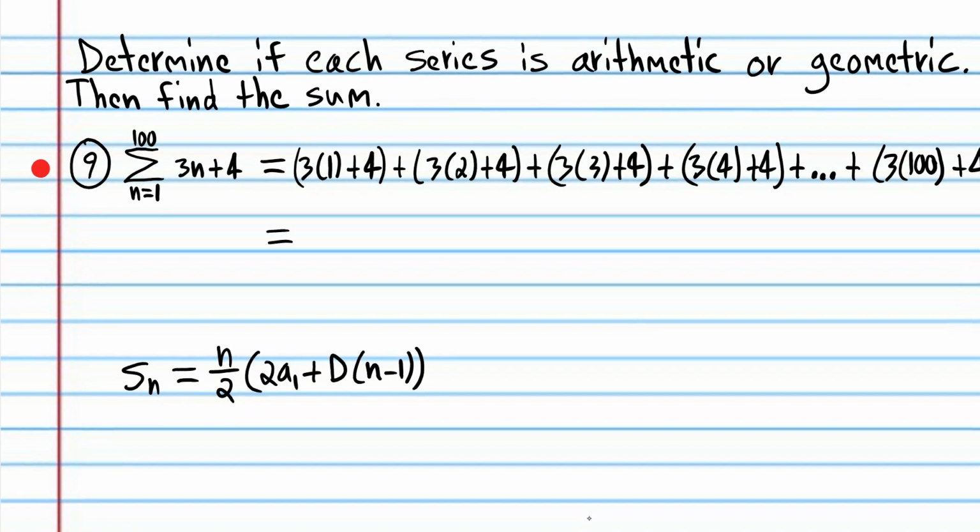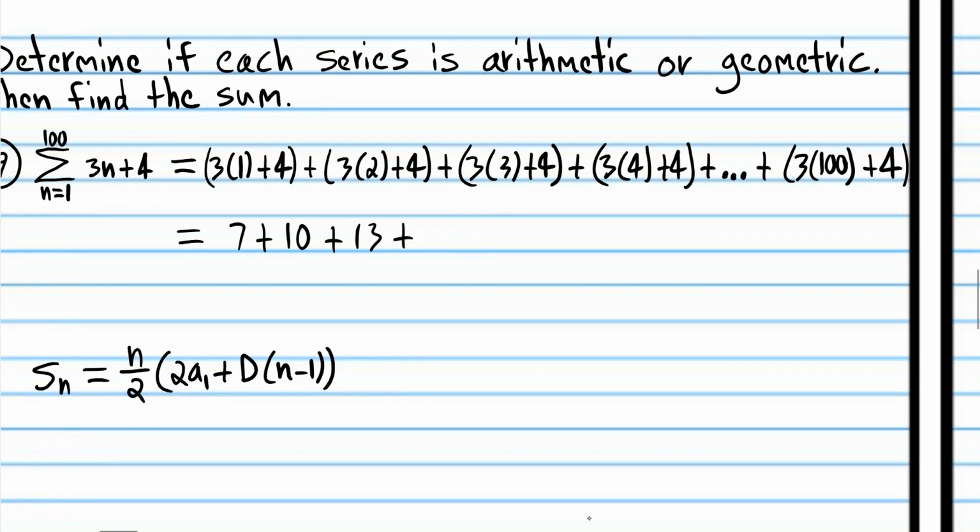So we have 3 plus 4 is 7, and then we have 10 and 13 and 16 and so on and so forth. So we can see exactly what type of sequence this is. 300 plus 4 is 304.